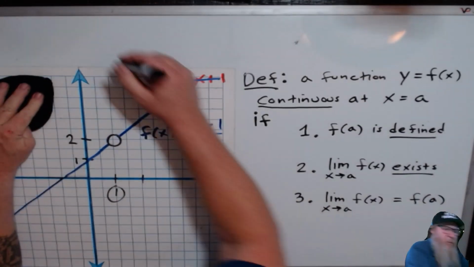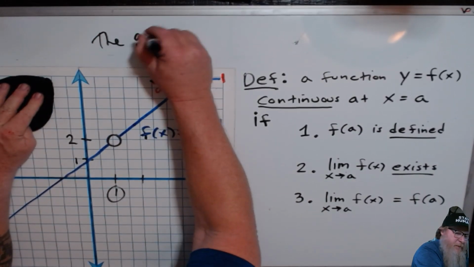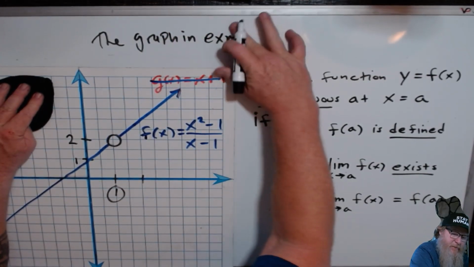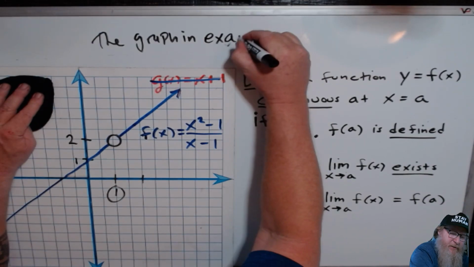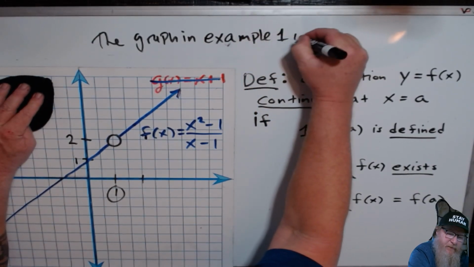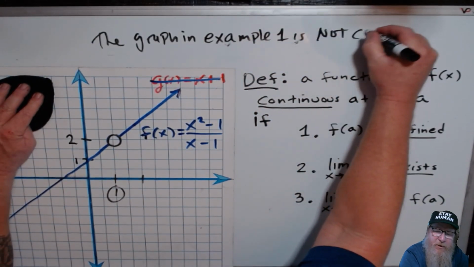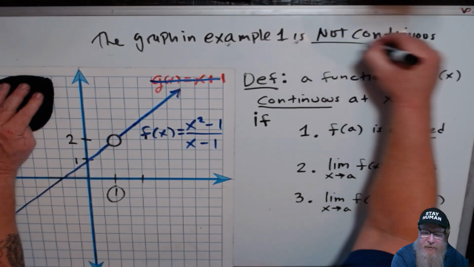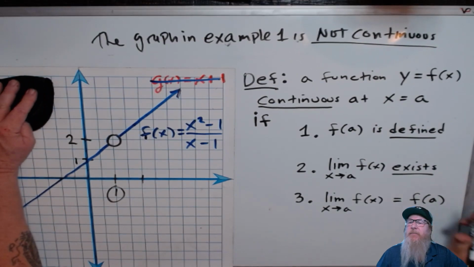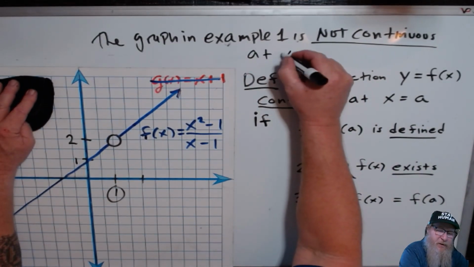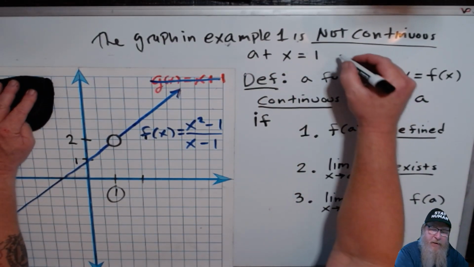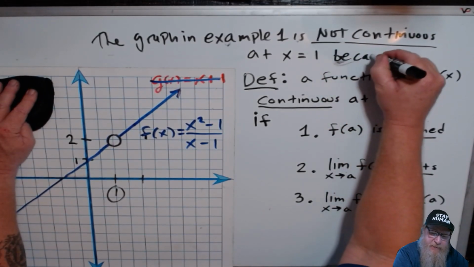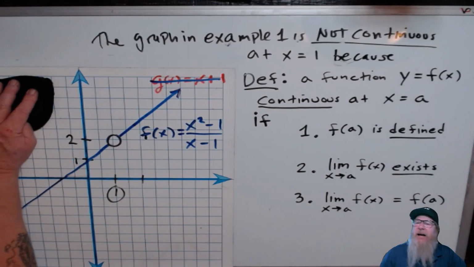So in example 1, f is not continuous. You can also say discontinuous, but I'll just say not continuous. It means the same thing. At x equals 1, because, so I will ask you what rule is violated.